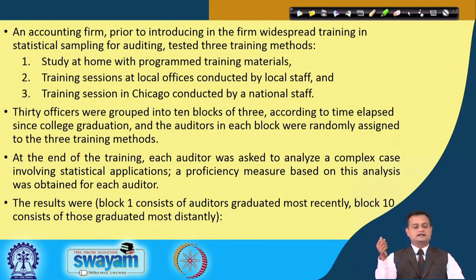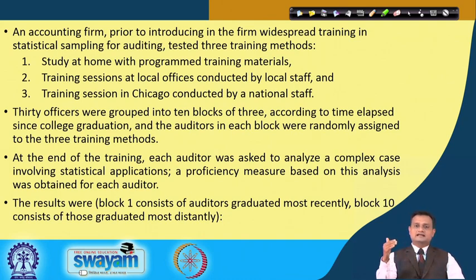Now what they have done: 30 auditors were grouped into 10 blocks, each consisting of 3, according to time elapsed since college graduation, and the auditors in each block were randomly assigned to the three training methods.